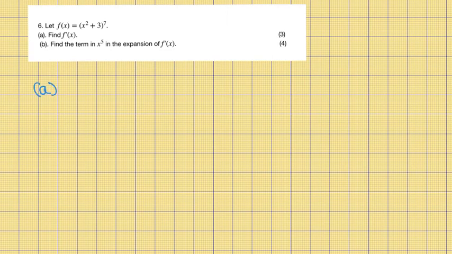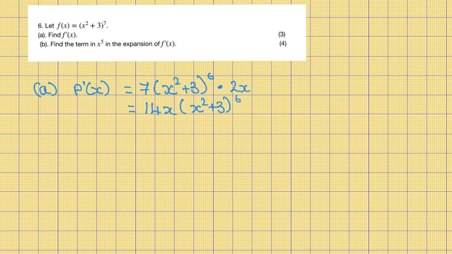Well, f dash of x is the differential of a chain, which is equal to 7 times the bracket (x squared plus 3), take 1 from the power, so that's 6, and then times by the differential of the bracket, which is 2x. Multiply 7 by 2x to give us 14x (x squared plus 3) to the power of 6.